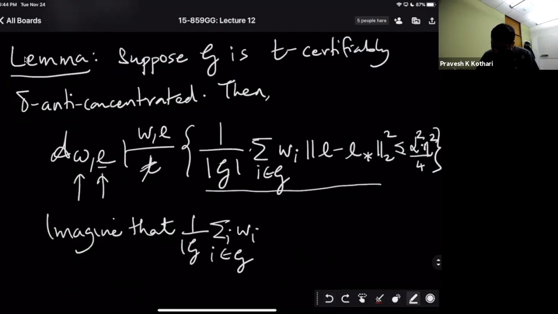For a second, imagine in fact it is 1, that W is exactly equal to 1, as in W is simply the set G itself.